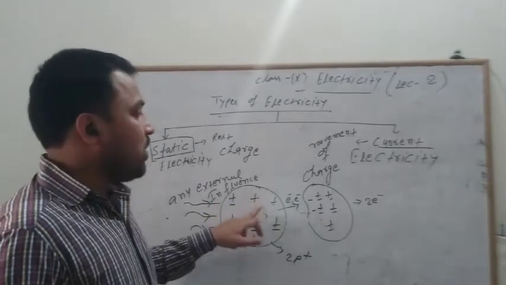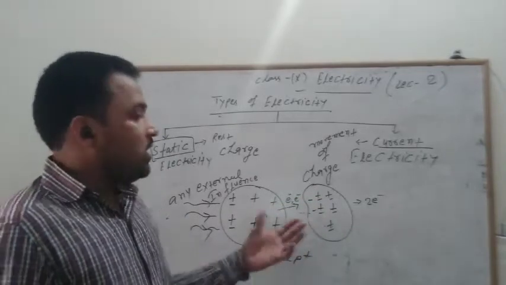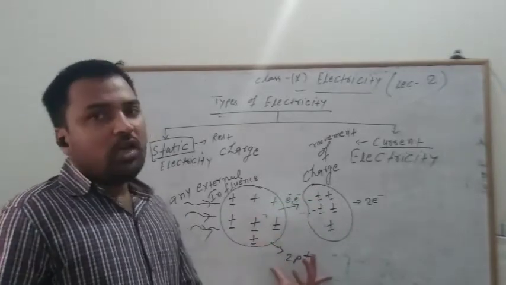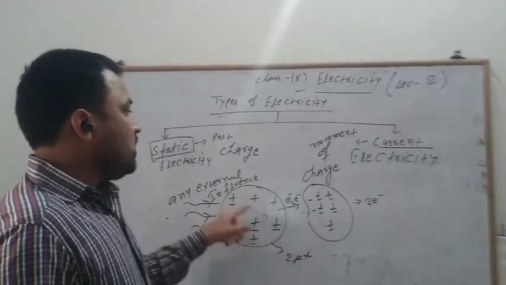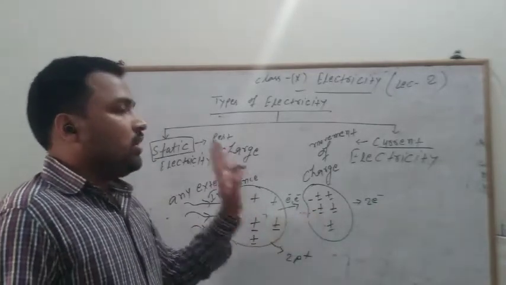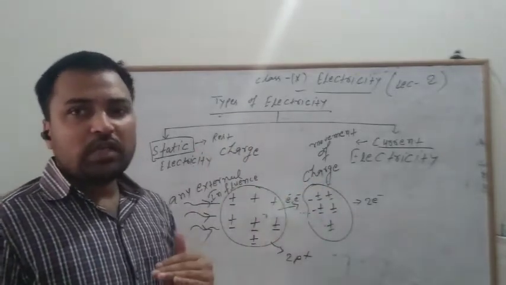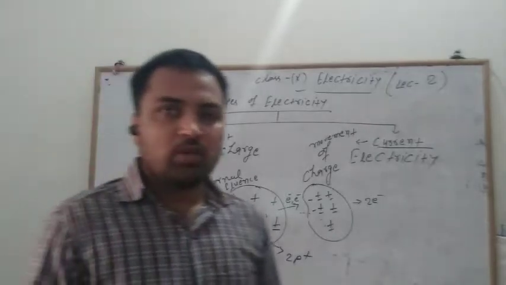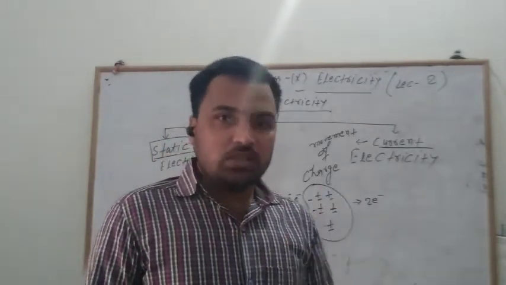This system becomes positively charged, and this system becomes negatively charged, and in this way the charged body appears. Basically, when electrons leave one body for another, the body that gains the electrons becomes negatively charged, and the body that loses the electrons becomes positively charged.